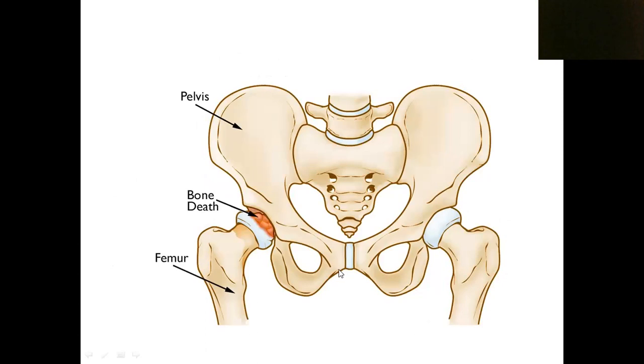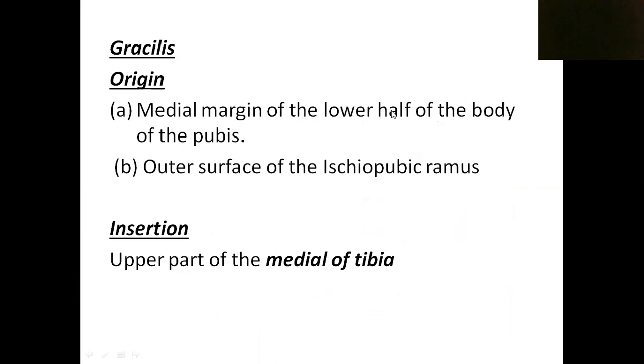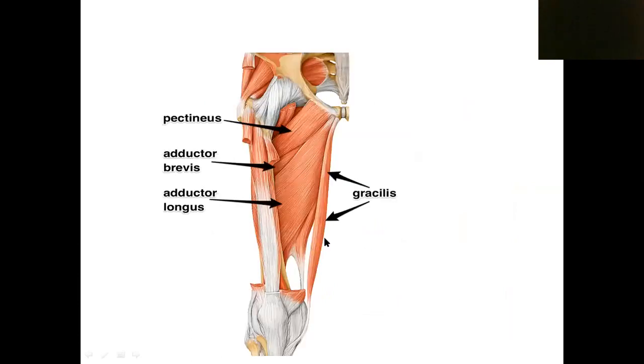Okay, then not only from there, it is arising from this ischiopubic ramus. So from this area. So the medial margin of the lower half of the body of the pubis and the outer surface of the ischiopubic ramus, inserted to the upper medial surface of the tibia, the medial surface of the tibia.